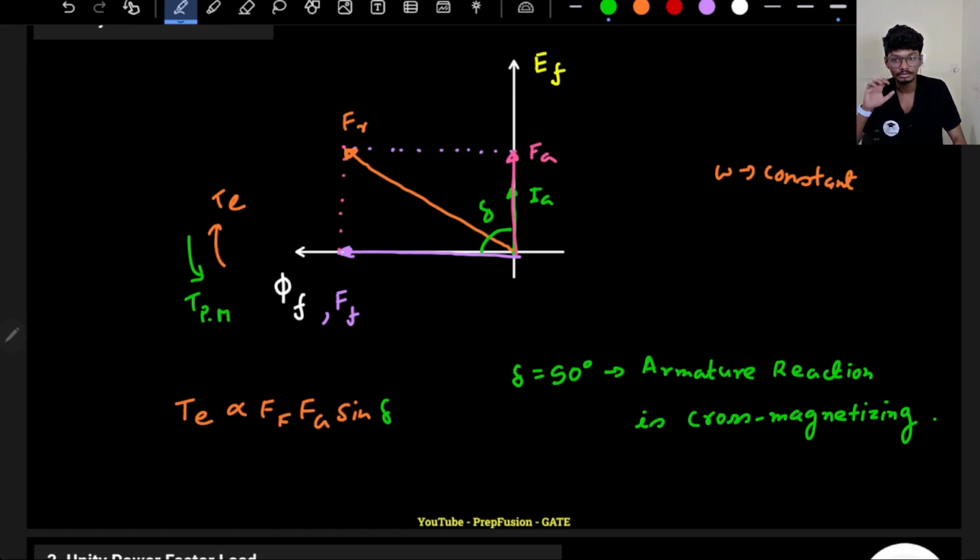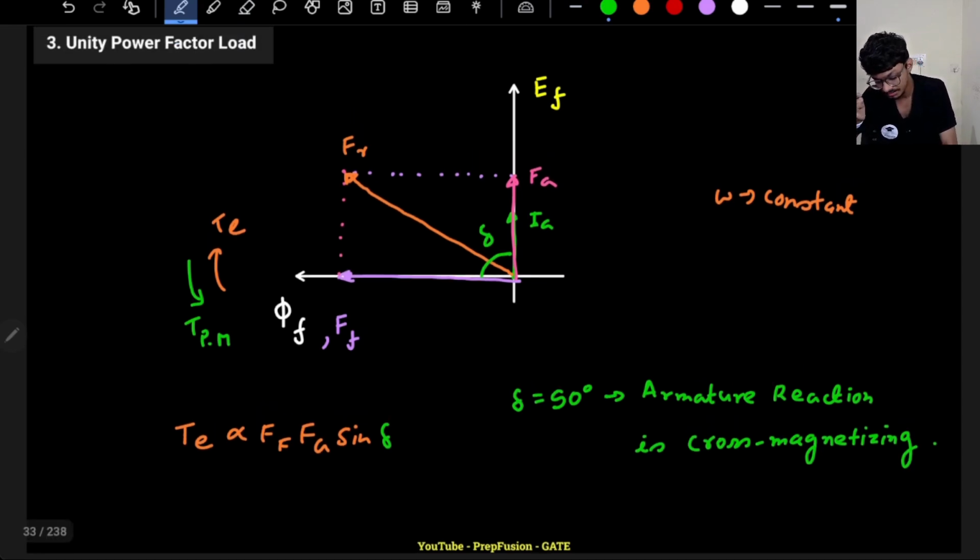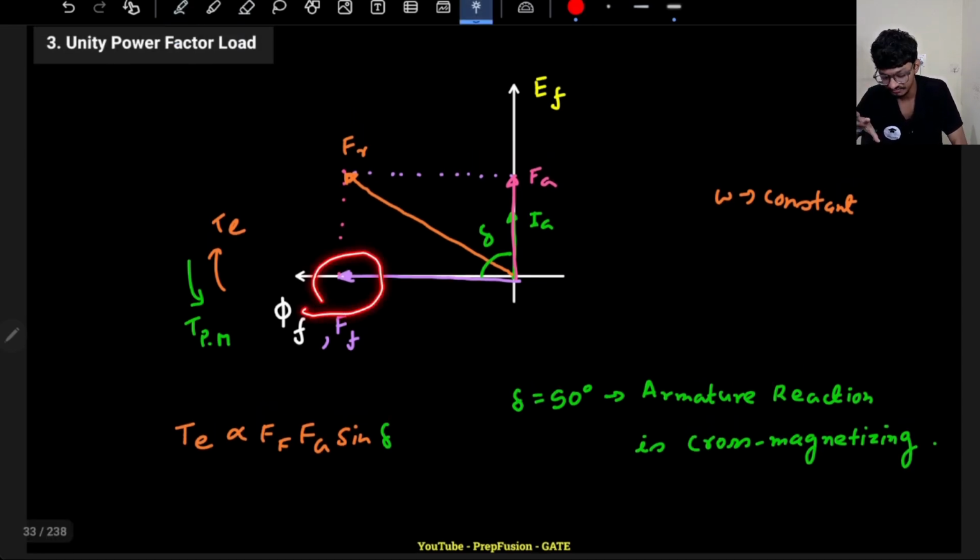Okay, why is it cross magnetizing? Because the overall field flux, I'm not changing the value of the overall field flux, I'm just changing the direction of the resultant field flux.